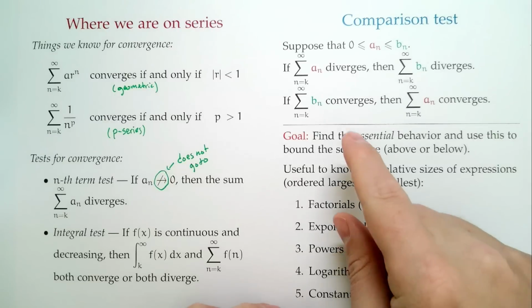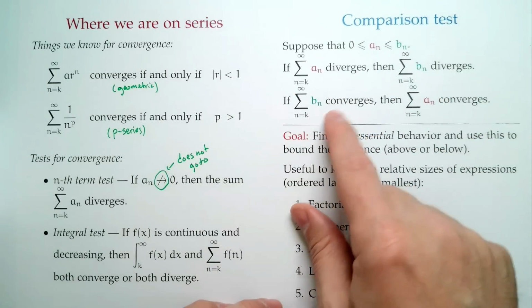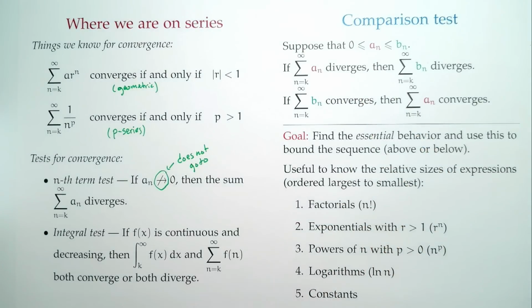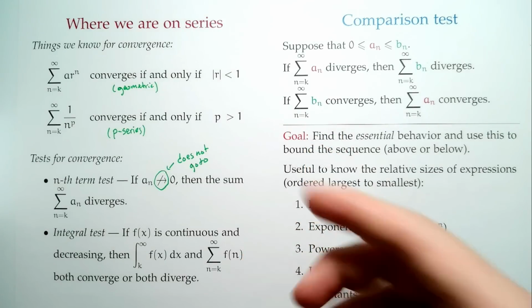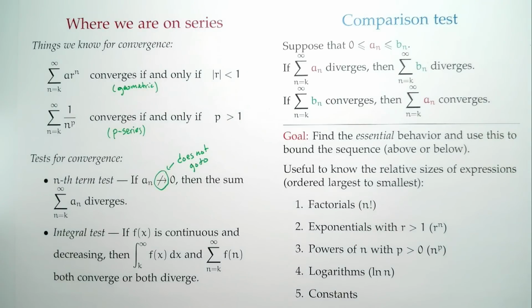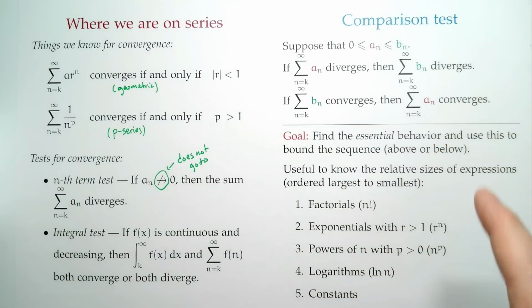On the other hand, if the bigger thing converges, then the smaller thing also converges. The intuition makes sense because this bigger thing, there's not that much there. Converges means it's finite, and this is smaller than it, so it's also going to be finite. All right, so what's our goal?